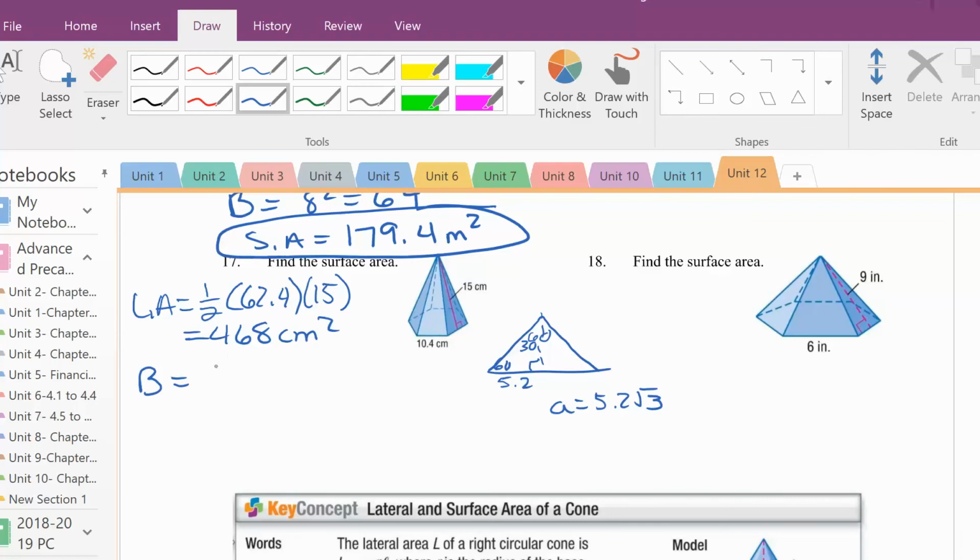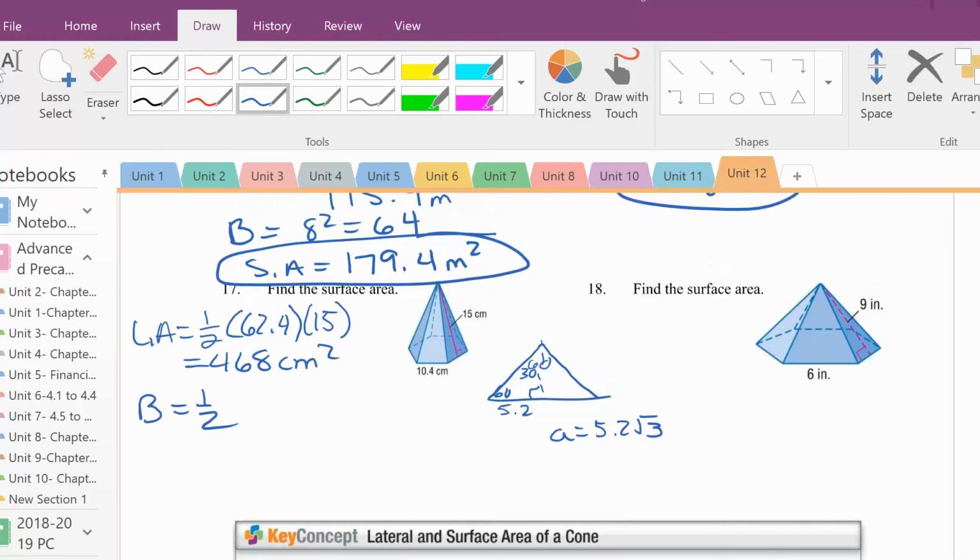So the area of the base is 1/2 times, actually, sorry, 62.4, because that's the perimeter of the base, times the apothem, which is 5.2 root 3.